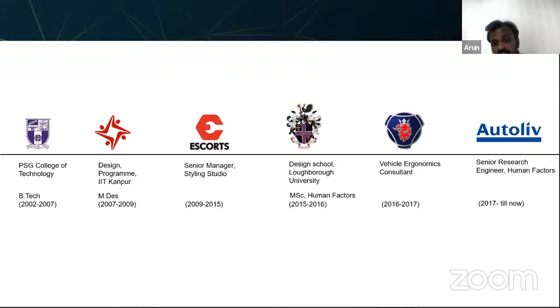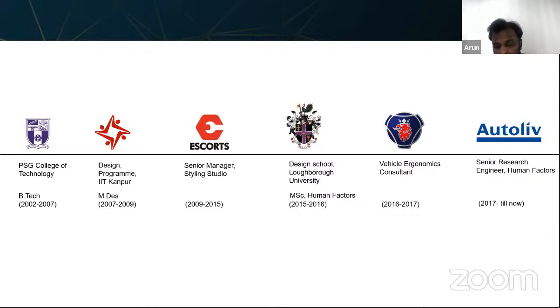Of course, we also had a lot of designers trying to learn this human factors domain. Following which, I got a job in Sweden. I moved there as a vehicle ergonomics consultant for one of the leading truck manufacturers in Sweden.